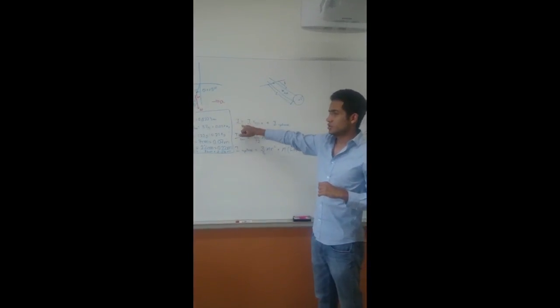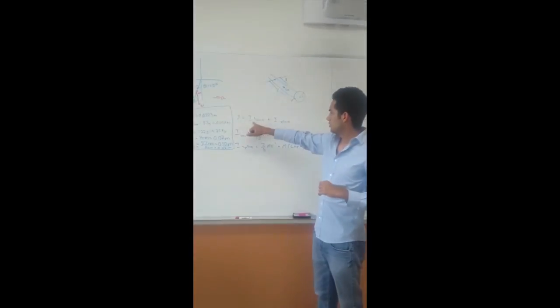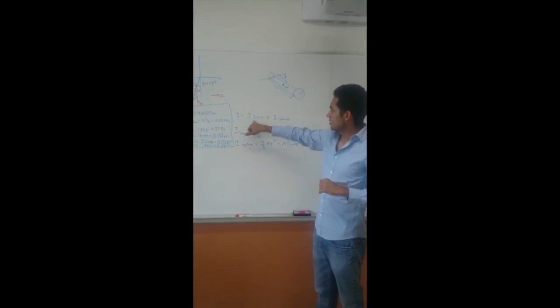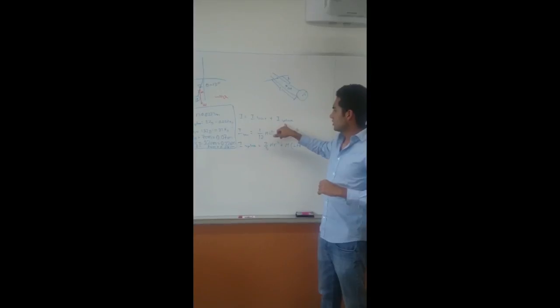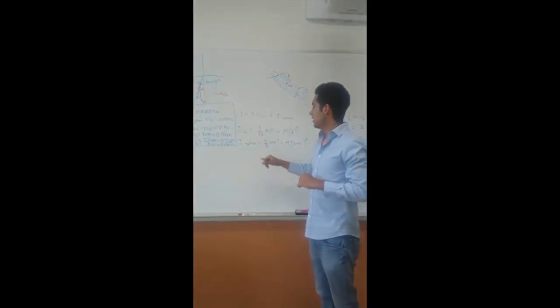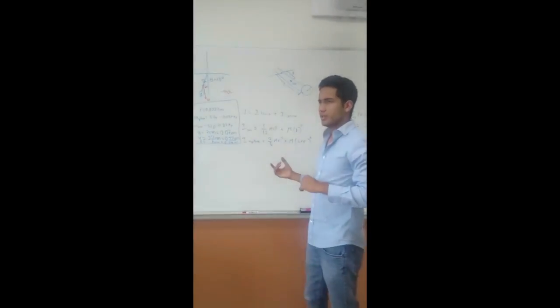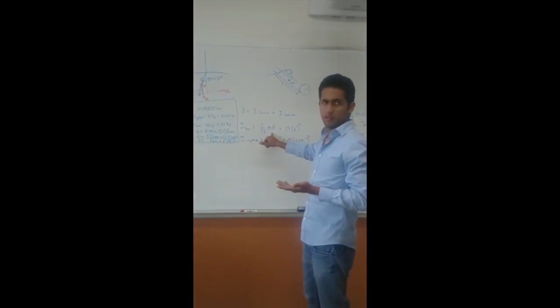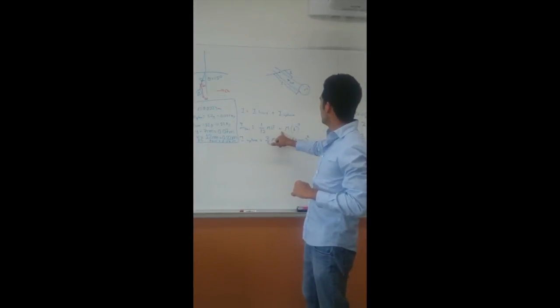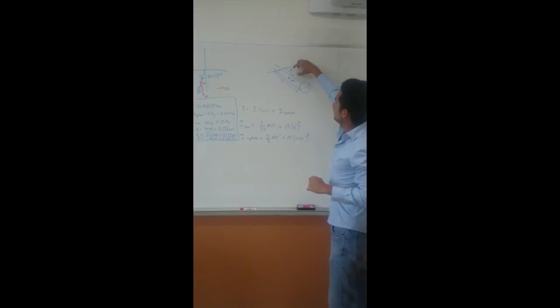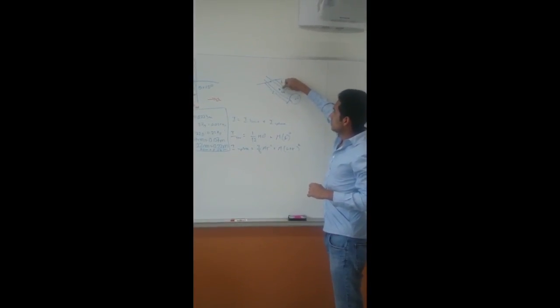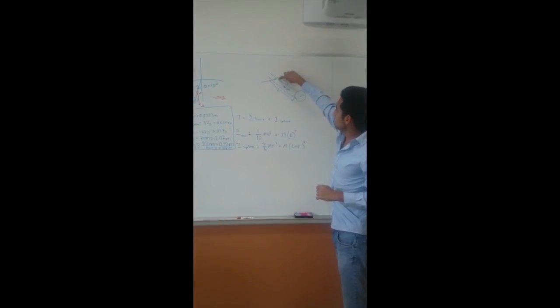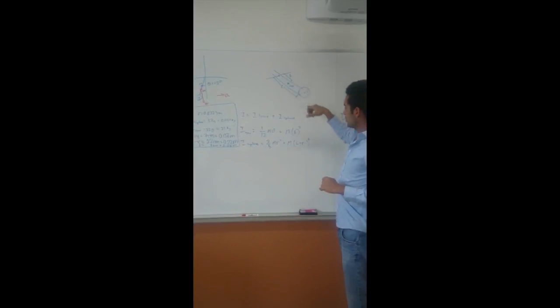Then to see what the inertia is, we need to take the inertia of the bar plus the inertia of the sphere. The inertia of the bar is this formula plus the mass times L, that is the distance of the center of mass to the axis, squared.